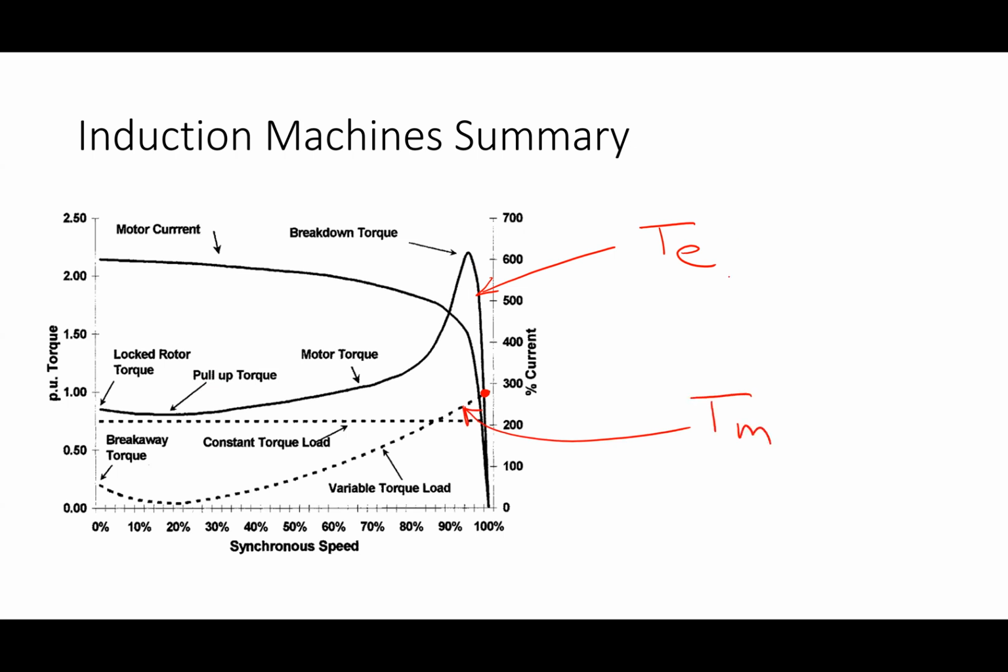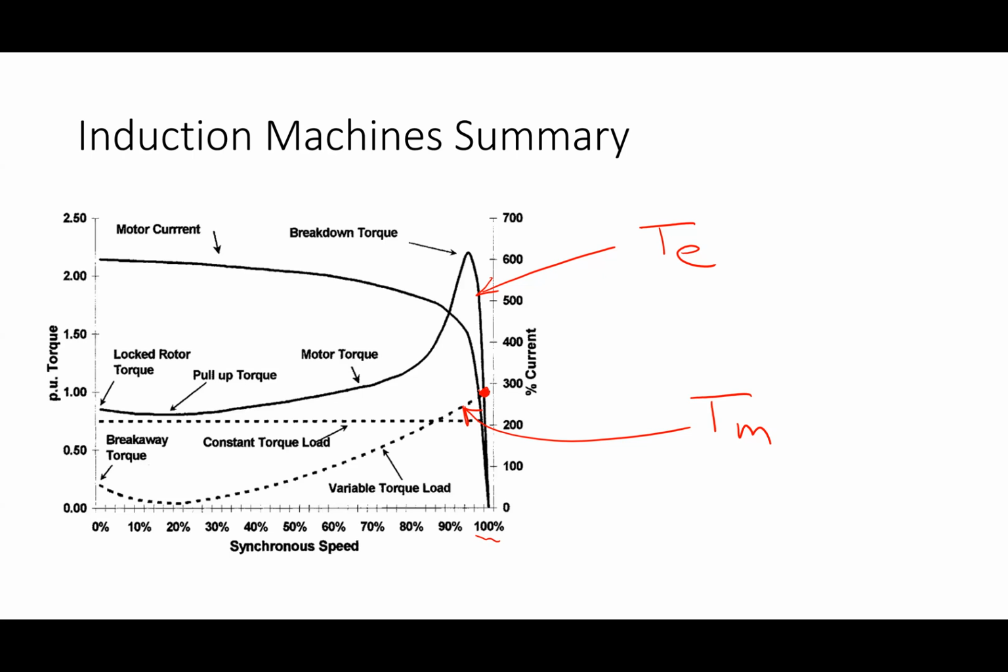And at the operating point, those two things are equal to each other. Those two are exactly balancing each other. And I'll notice that as a percent of synchronous speed, which is the maximum speed this guy can go, he's operating usually just a couple of percent lower than that.